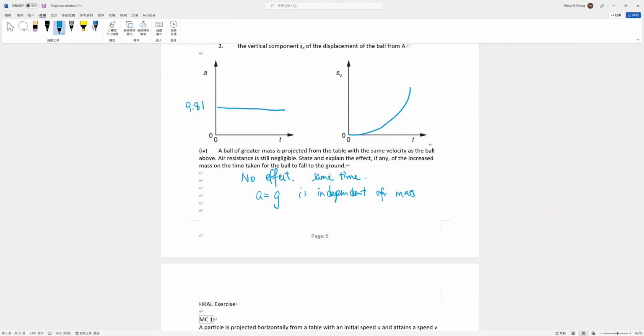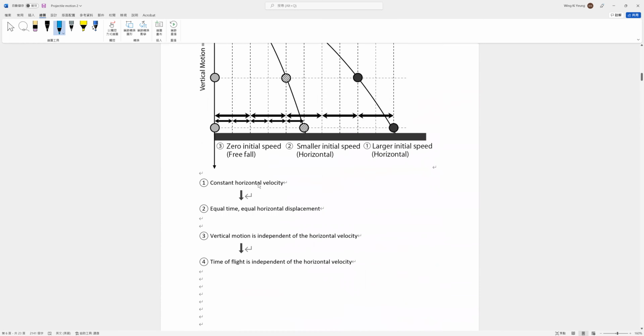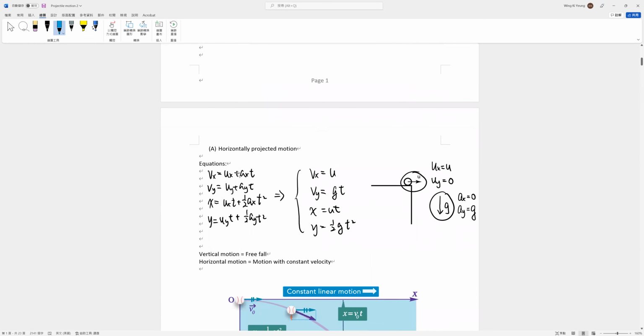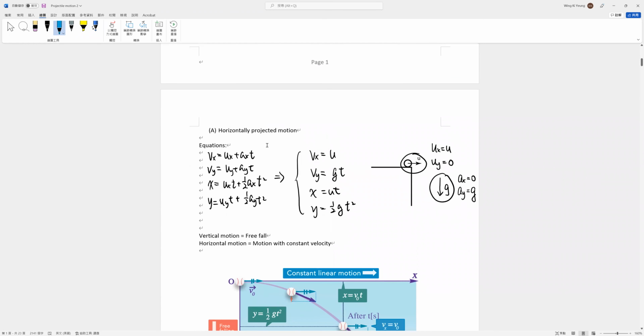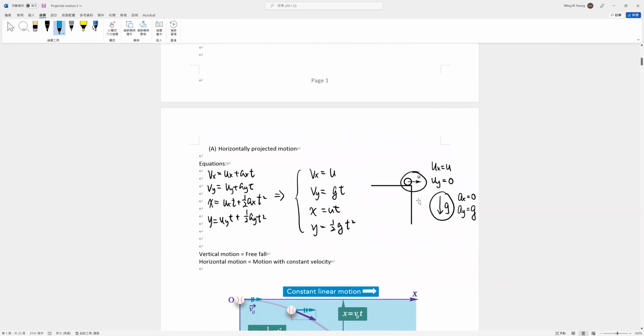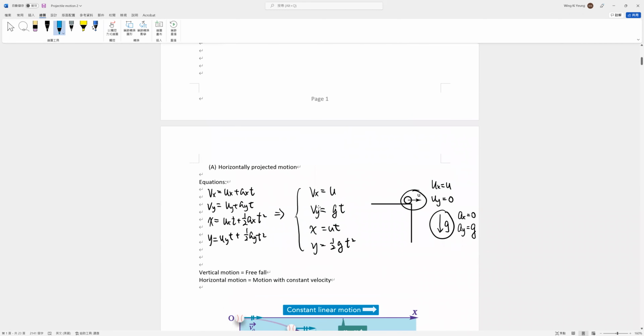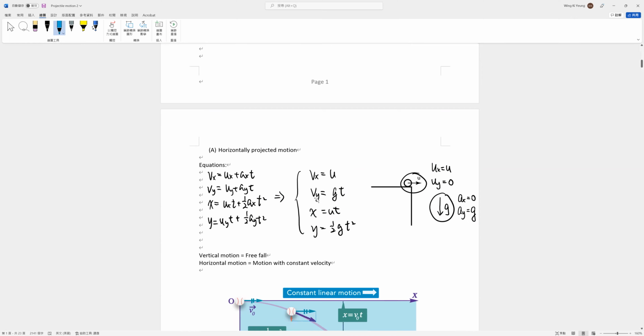Okay. So no matter what, and also you can see from this equation, we don't involve the mass in this equation. So that means the mass is independent. Anything about the speed, velocity, time, acceleration is independent of the mass.